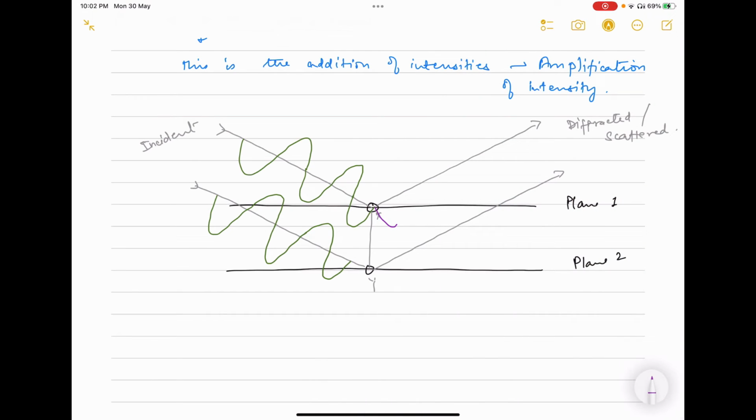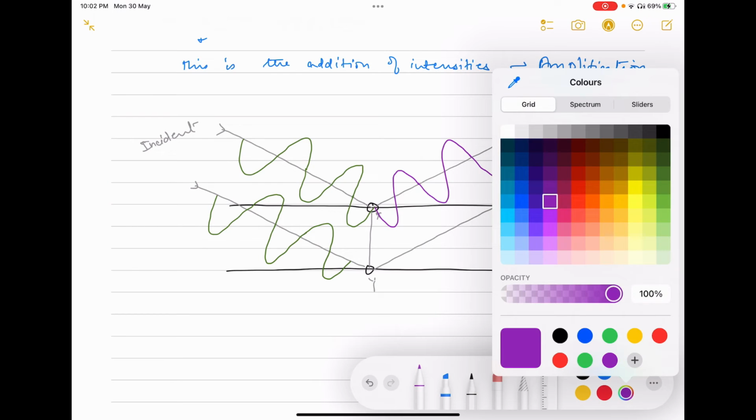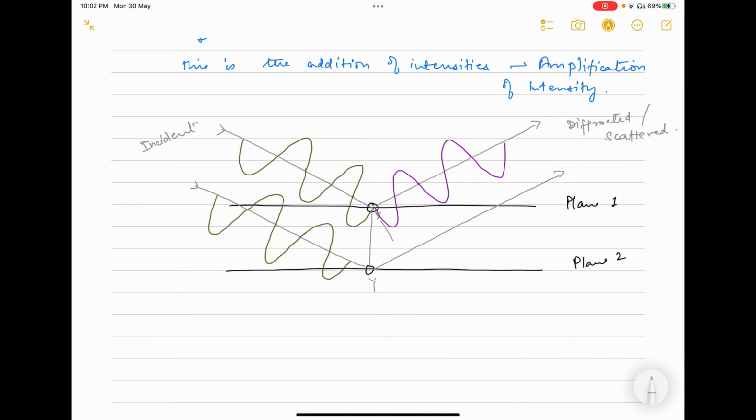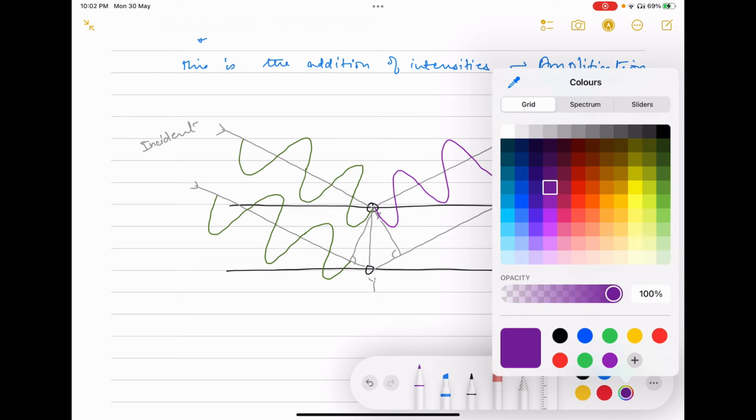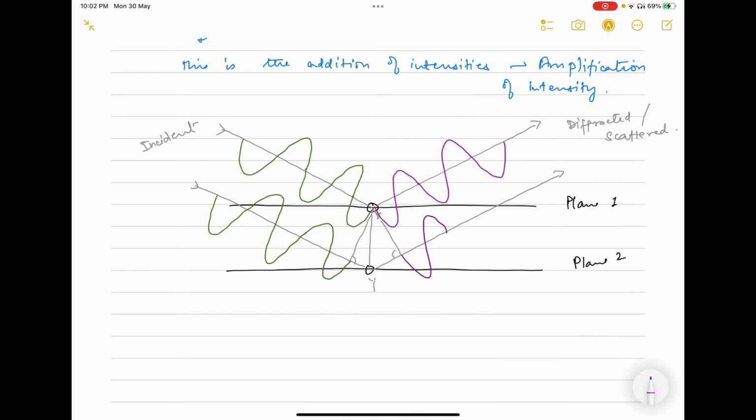1, 2 and half, and from here similarly I get, suppose these are the perpendiculars, so what I get is this again 1, 2 and half. So what about this extra wavelength?